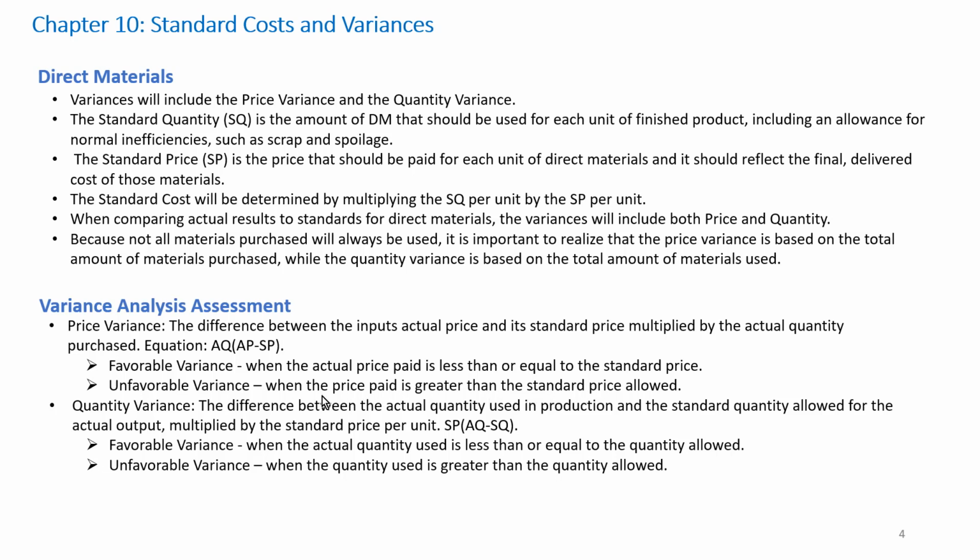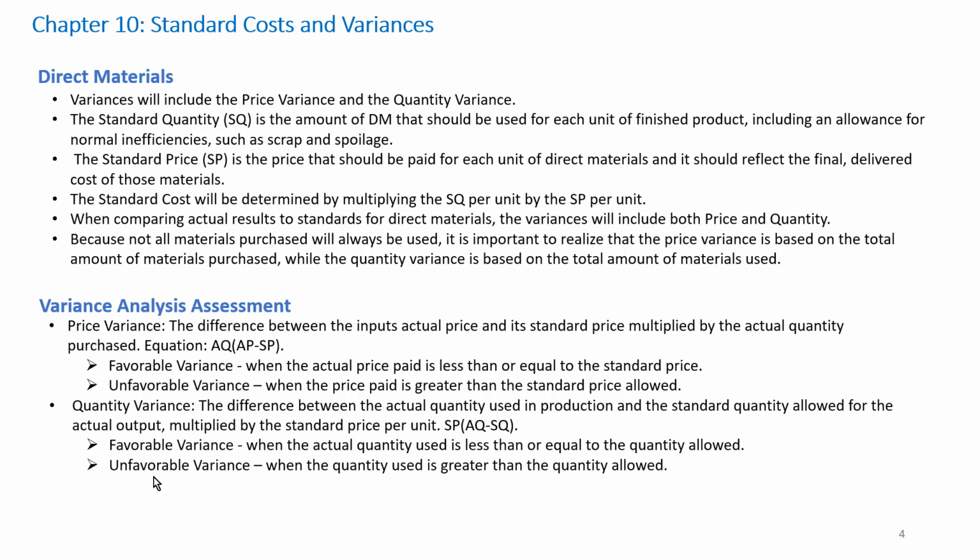Likewise, to determine the quantity variance, we will use the standard price to compare the actual quantity of materials used for production to the standard quantity allowed. We will have a favorable quantity variance if the actual amount of direct materials used to produce the product is less than or equal to the standard quantity of material allowed for the actual output.